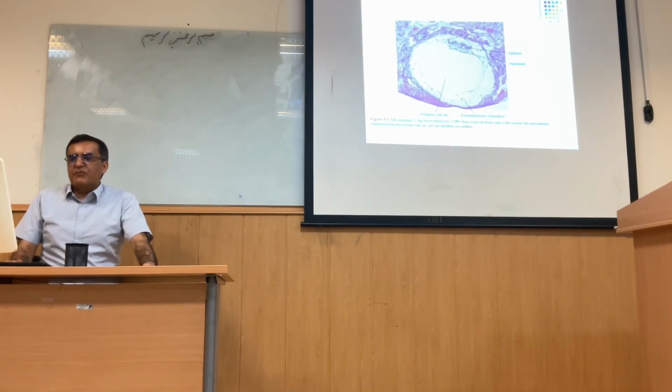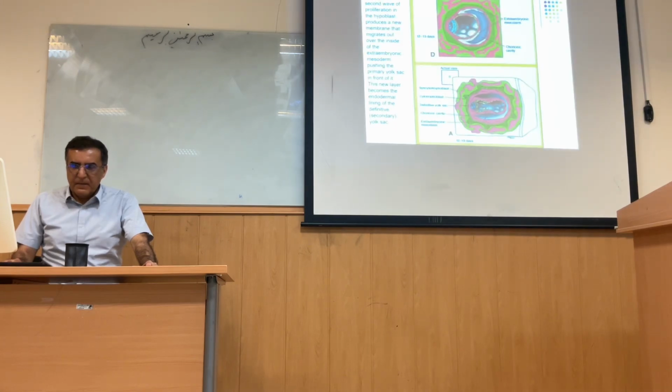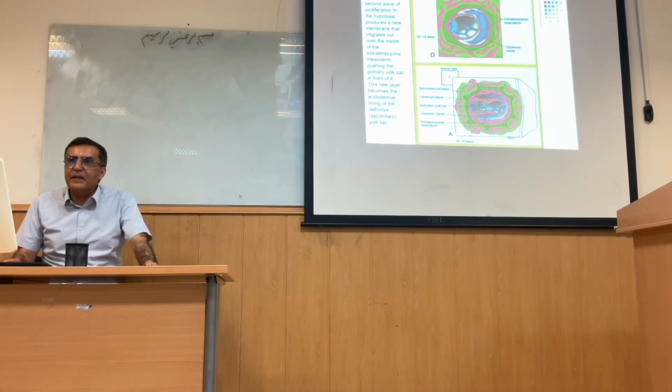Real pictures from the embryo, the same situations. The 13 days, look at it. The exocoelomic cyst, a new yolk sac cavity is forming here. A new one is named the definitive or secondary yolk sac. Is it clear?